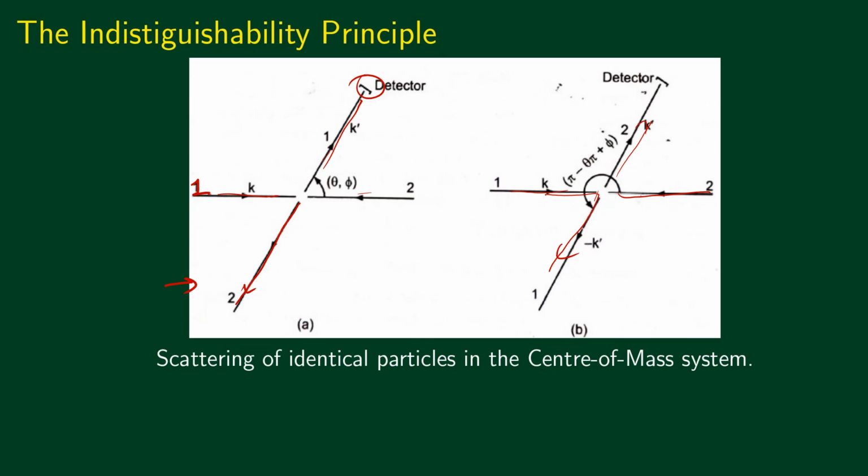So let's say that this process in which the projectile reaches the detector has a certain cross section. Let's say that this process also has a certain cross section. If these were classical particles, to get the total cross section we would just have to add the cross sections corresponding to these separate possibilities.